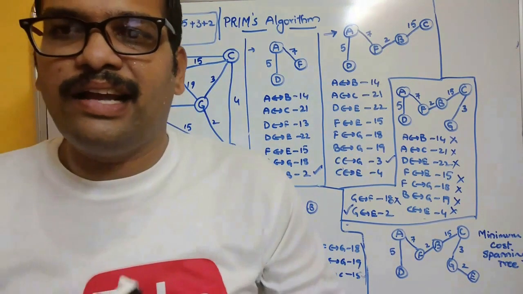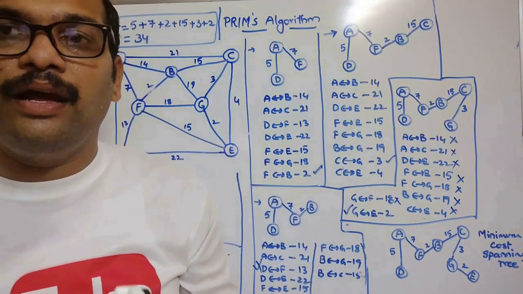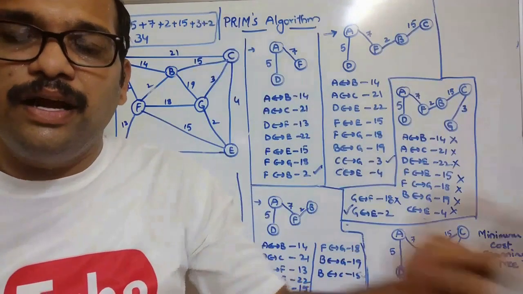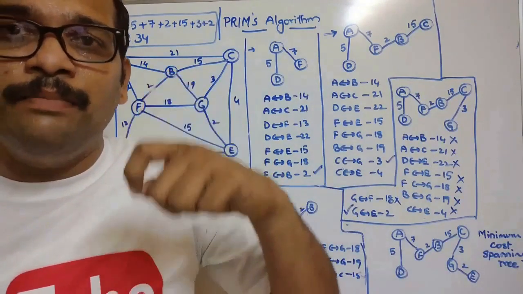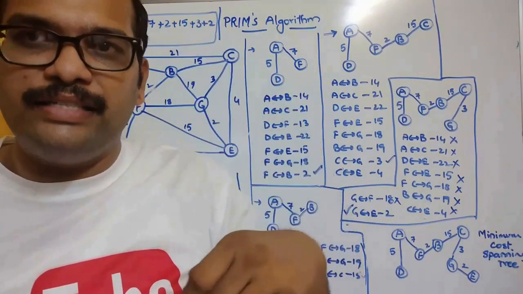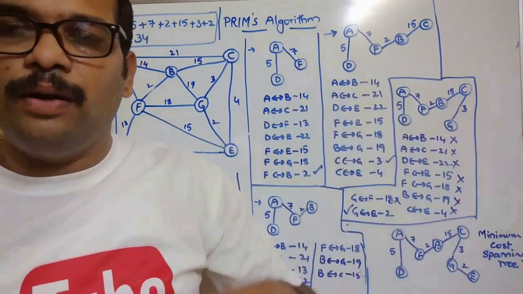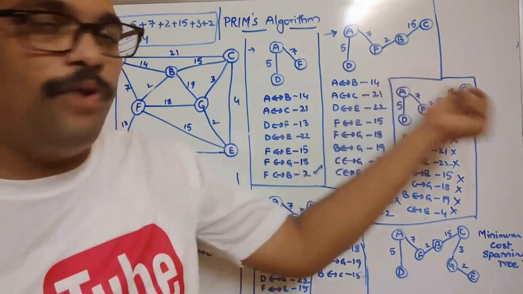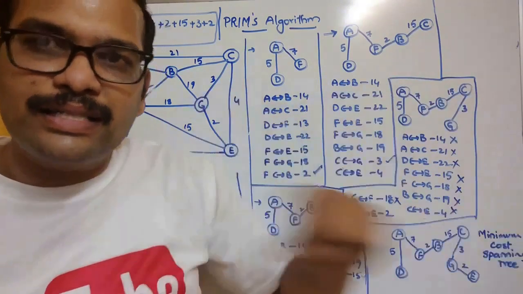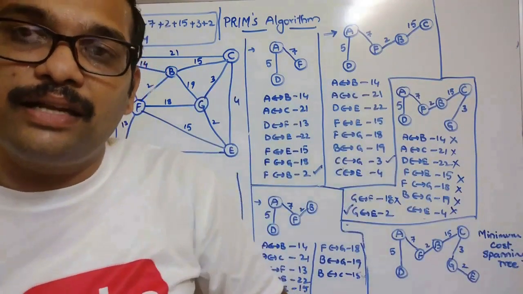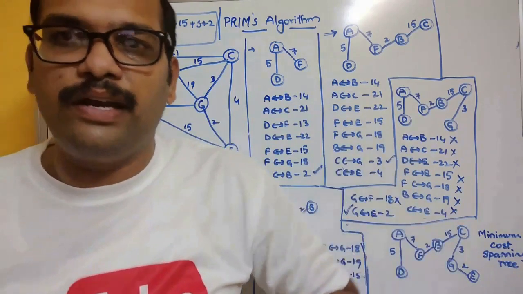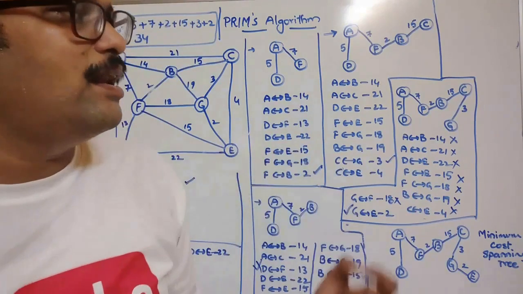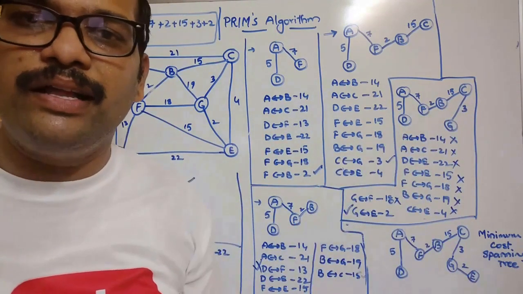First you need to select any vertex and consider all the outgoing edges of that particular vertex to the new vertices, and select the minimum or least weighted edge from among all the vertices, and if that edge forms a cycle in a tree, discard that edge and consider the next least cost weighted edge, and repeat the same process until all the vertices are included in the tree.